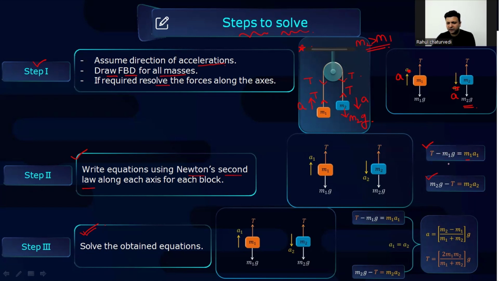Now, if you add these two equations, T will be cancelled and you will get (m2 minus m1) into g is equal to (m1 plus m2) into acceleration A. I'm writing here.